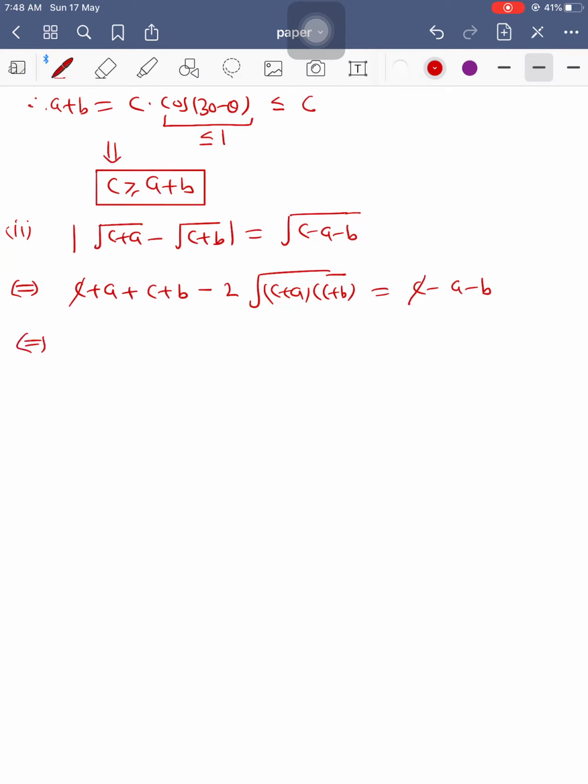Implies and is implied by 2A plus 2B plus C equals to 2 times root of C plus A into C plus B, again squaring.